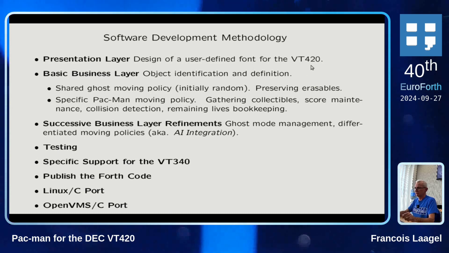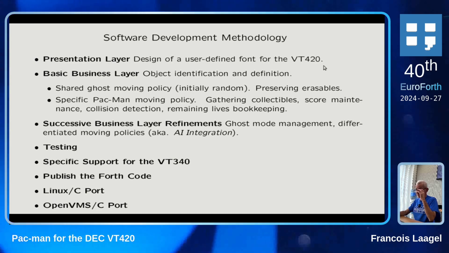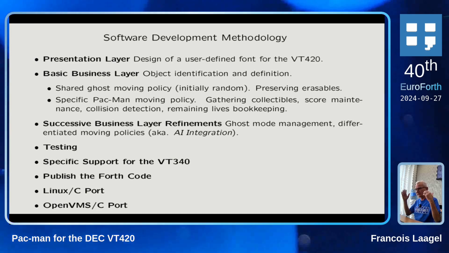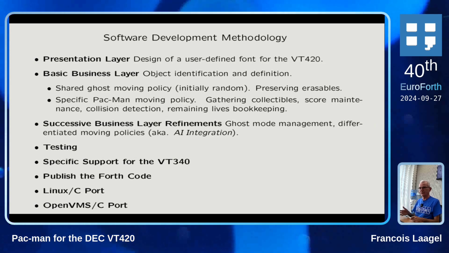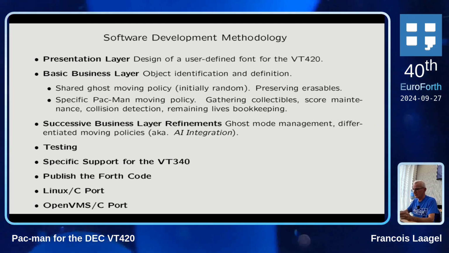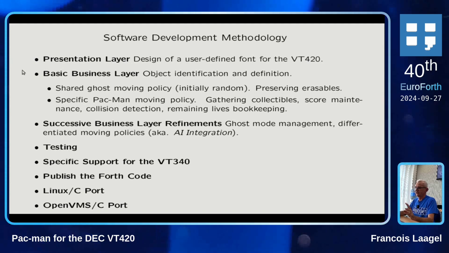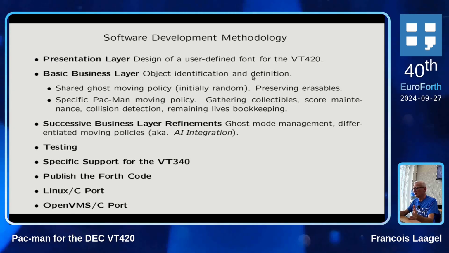This is an outline of my approach to this problem. I started with the graphical layer, which involved a user-defined font. This was time-consuming. And then I started what I call the business layer, which is the game logic. So I had to identify these objects and their properties, and start implementing ghost moving policies.